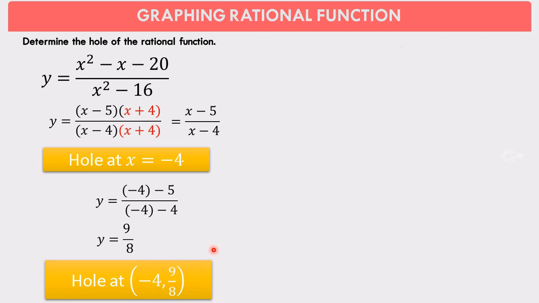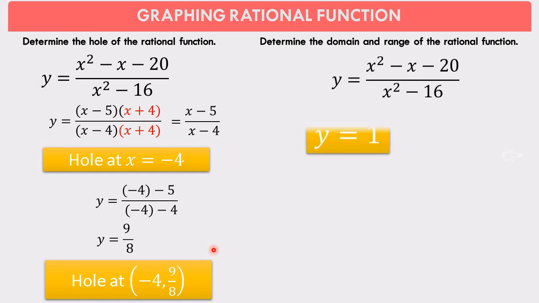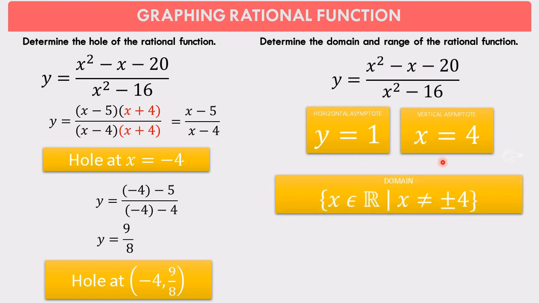Okay? And next one, determine the domain and range of the rational function. A while ago, we said that the domain and range can be easily constructed with the use of the asymptotes. Since the vertical asymptote is x equals 4, the domain is x is an element of real numbers such that x is not equal to positive or negative 4.